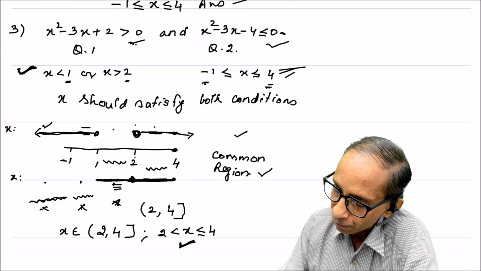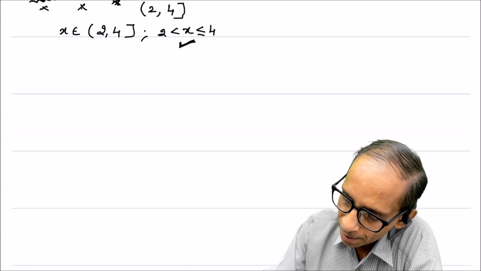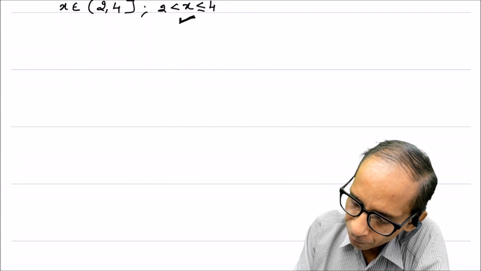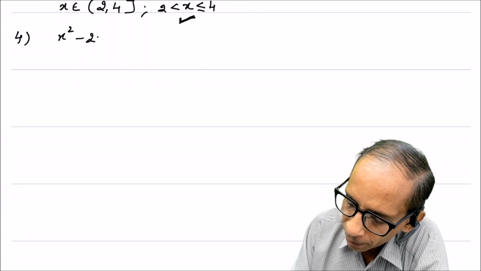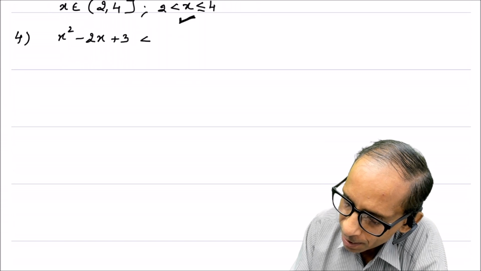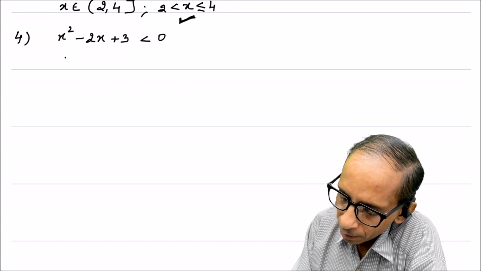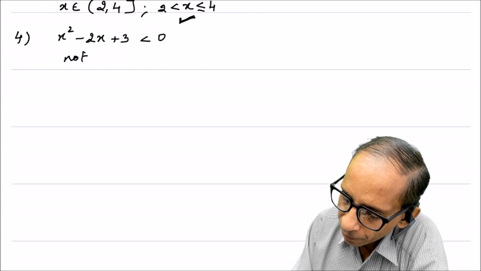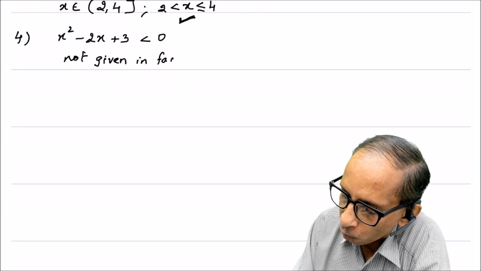Once we have finished with this, we now go for the next case, which is slightly different. We are given a quadratic inequality of the type x square minus 2x plus 3 less than 0. Again, this has not been given in factorized form.